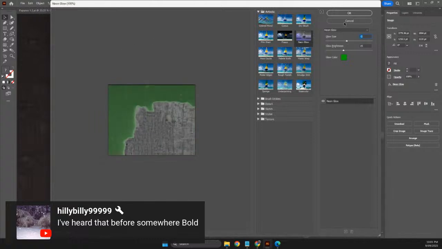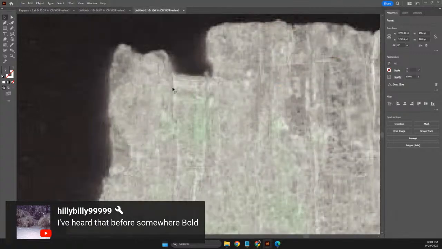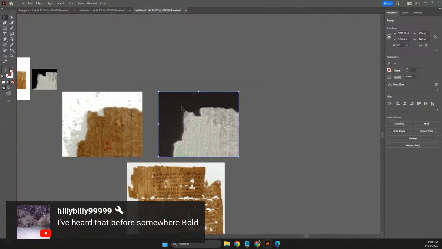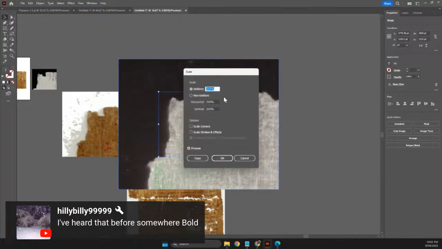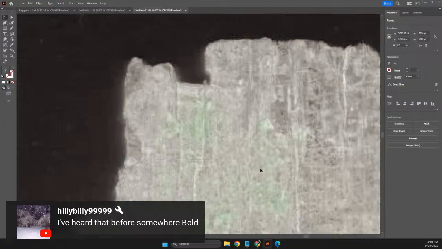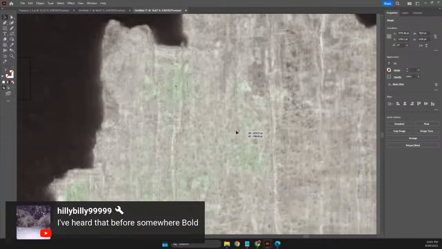Maybe if I can get that one bigger. Let's zoom out. Let's make this huge. Object, transform, scale. Let's go to like 500%. Okay, so it's as big as I can get that.